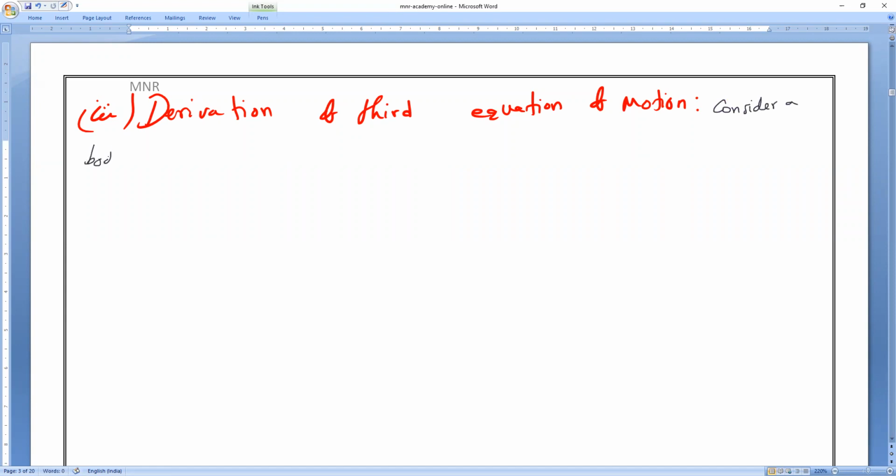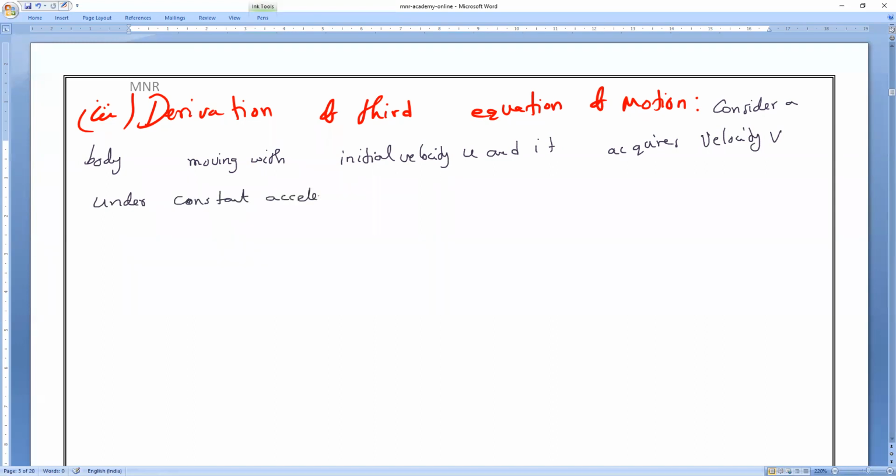Consider a body moving with the initial velocity u, and it acquires velocity v under constant acceleration a in time t.